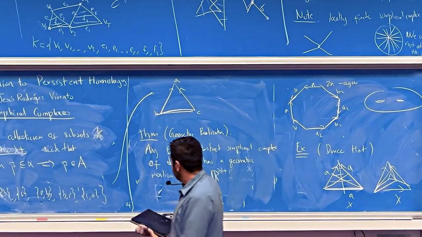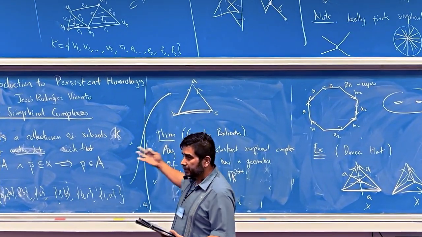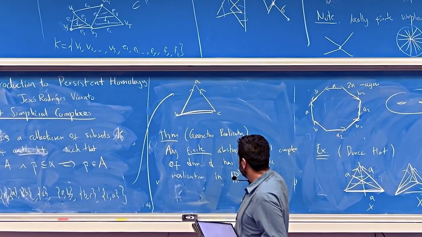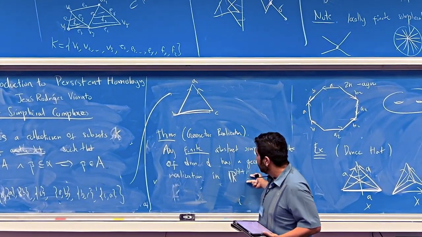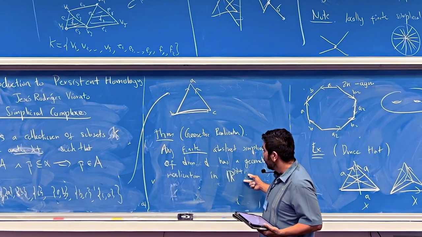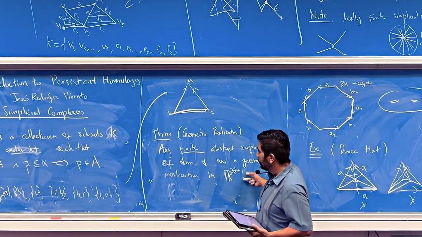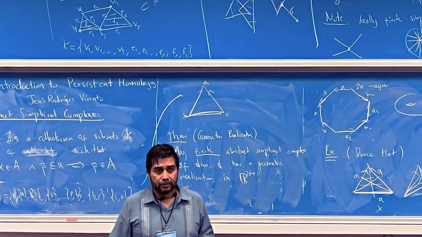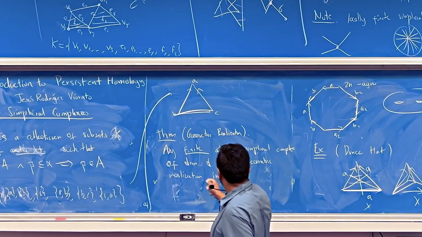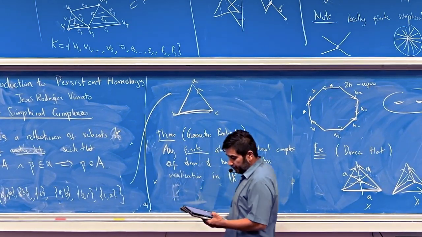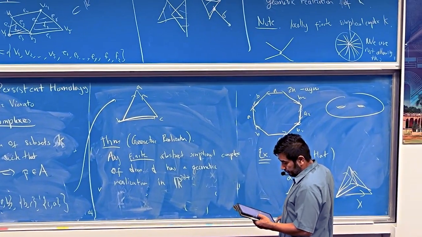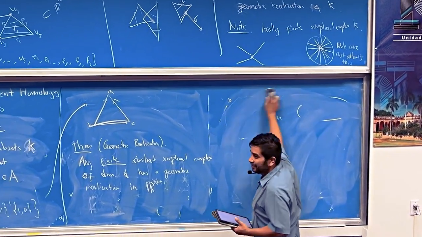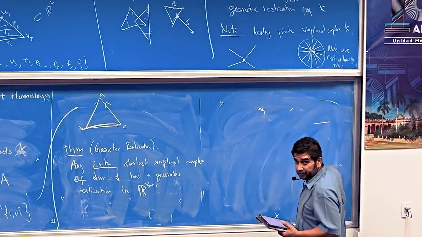There is a space that admits a simplicial complex structure, a collection of simplexes that live in R^(2d+1) and realize all the geometry described by this abstract simplicial complex. So that's it for simplicial complexes. Any questions? No?